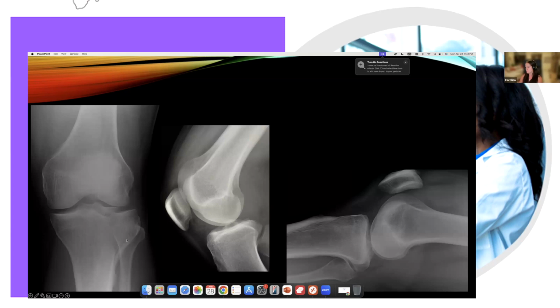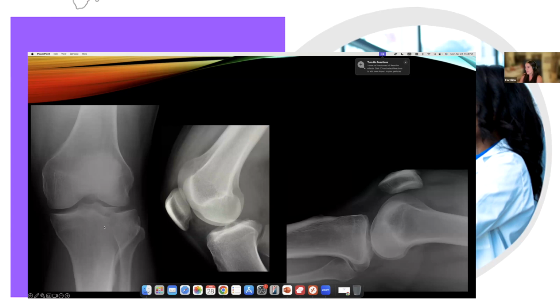Now, there are also avulsion injuries in the knee, and in this case, we have different findings showing us different types of injuries.